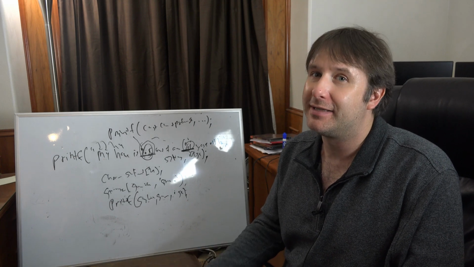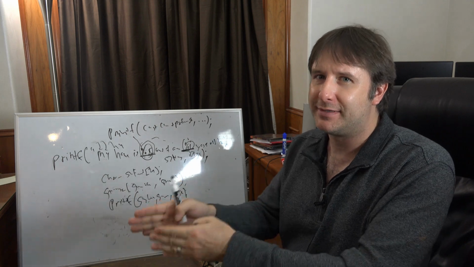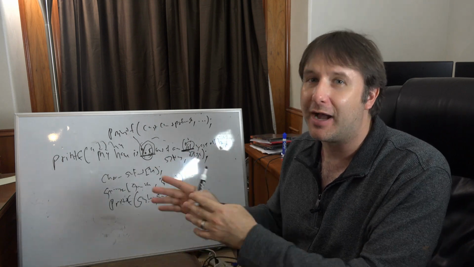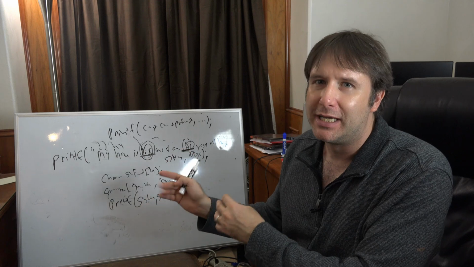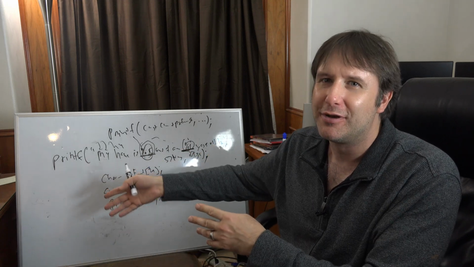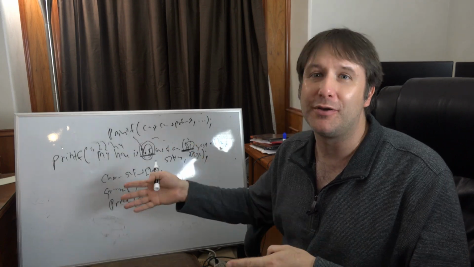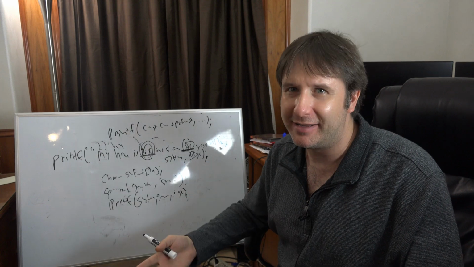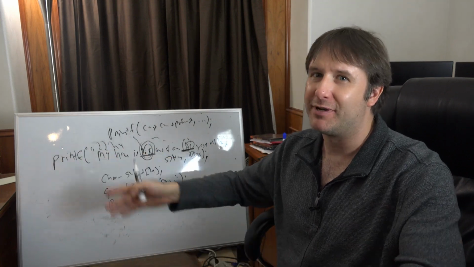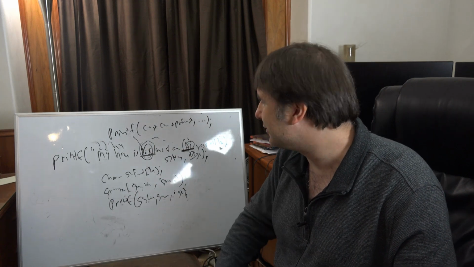The second thing is that when it tries to display the string, it's going to go through and print every single character, whether it's garbage or not, until it hits a 0. If it never hits a 0, it's eventually going to hit the next page and keep going until it hits a page that's invalid, because you only have so much memory. Eventually you're going to hit a page that's not there. So those are the ways it crashes.